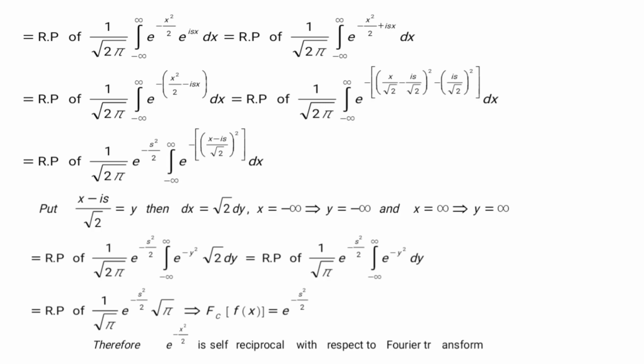The value of this integral is square root of pi. Therefore the value is e power minus s square by 2. Therefore the Fourier transform of e power minus x square by 2 equals e power minus s square by 2. This is the self-reciprocal under the Fourier transform.